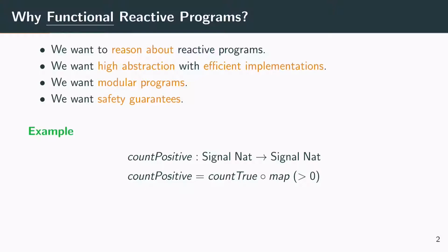Right, and it does so by using a higher order function that checks each of the incoming numbers whether it's bigger than 0, and if so produces a value true, and then it composes this function with another function count true that receives that signal of Boolean values and produces a signal of natural numbers. And then you can implement this count true function separately, which simply counts the number of times it sees the value true. And so it's much easier to understand what's going on here. There's no shared state. You can understand the components individually.